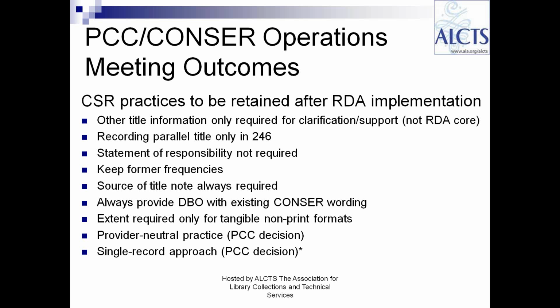And also the same situation with the 007 field: there would be no 007 that represents the electronic version characteristics; it would only be the print version, if there was an 007. There was also a discussion that the Program for Cooperative Cataloging Policy Committee would form a group to explore the single record approach in the context of records for other formats.